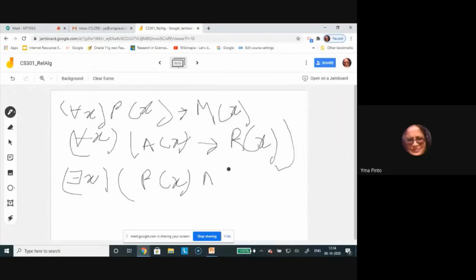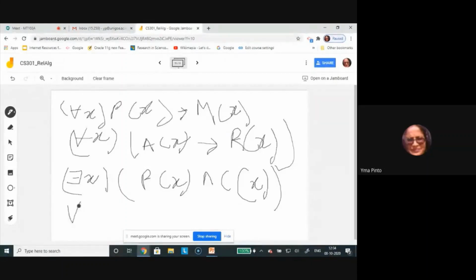I cannot use an implication over here, because I'm looking at a subset. So I'm saying there exists a man and he is clever. So that gives me a subset of the entire universe that I have.